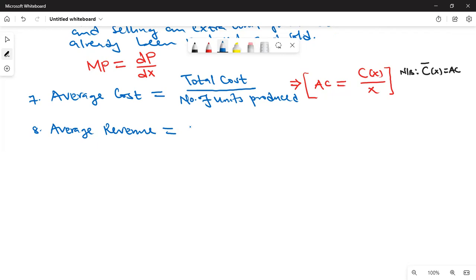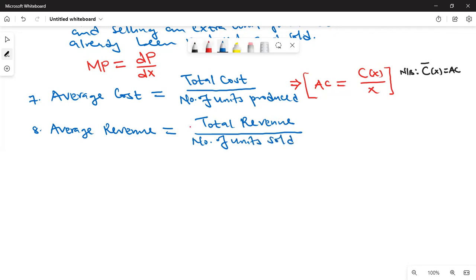You will add the amount that you earned by selling each unit, divide by the number of units that you produced and sold. So this is given by the total revenue divided by the number of units sold.